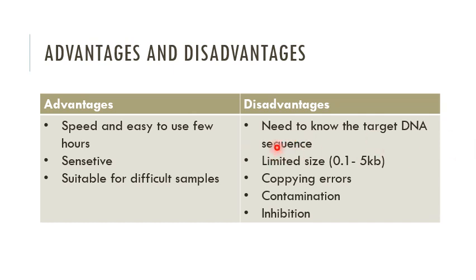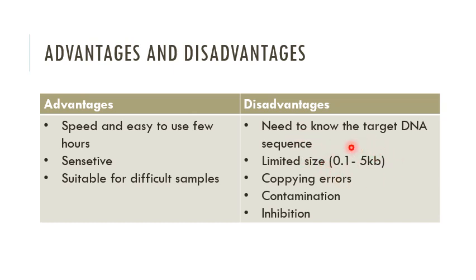So it's not something global where you add anything to the PCR and it will just detect what you want. No, you need to know the sequence exactly. As we said, you need to design the forward and reverse primers based on this sequence. So one of the disadvantages is that the sequence you want to detect has to be known from the beginning.